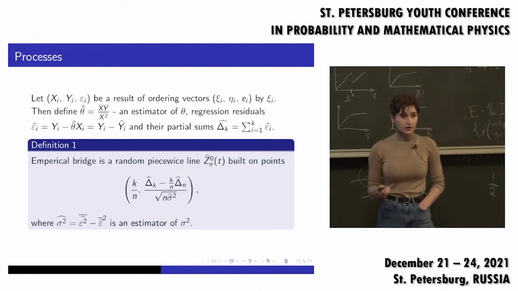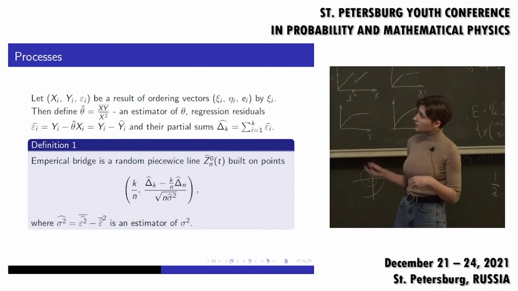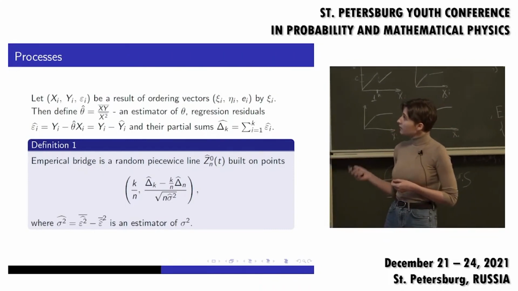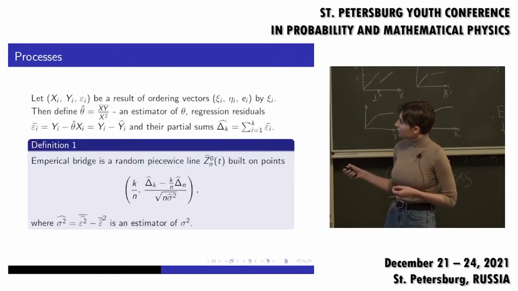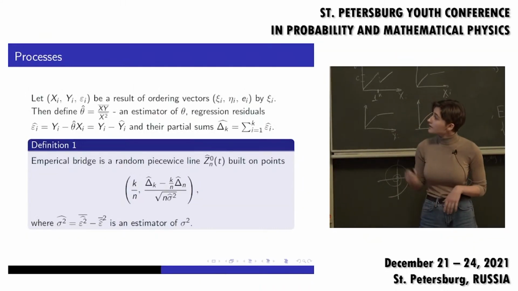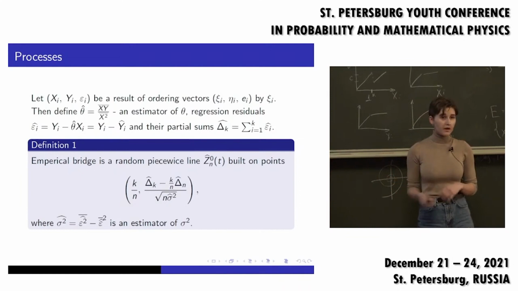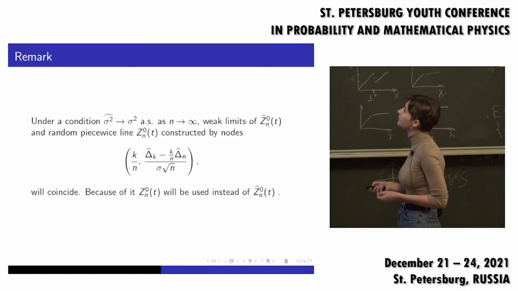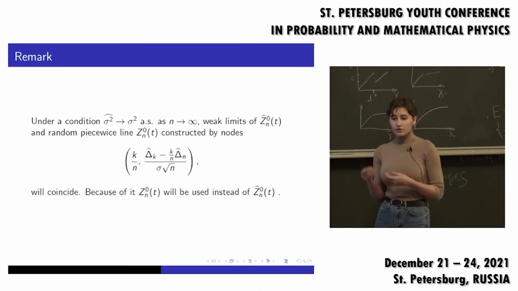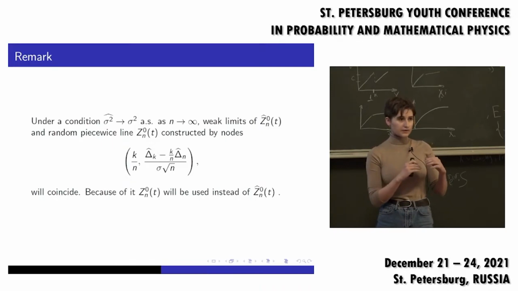And definition 1, process 1, empirical bridge is a random piecewise line Z_n0 with hat of t built on these points, where sigma_n square with hat is an estimator of sigma_n square. Here I need to make a remark because when we say empirical, we assume that all the components in this thing will be empirical.